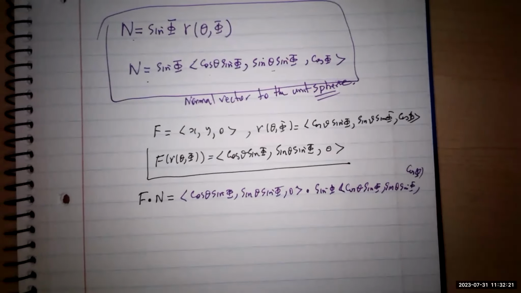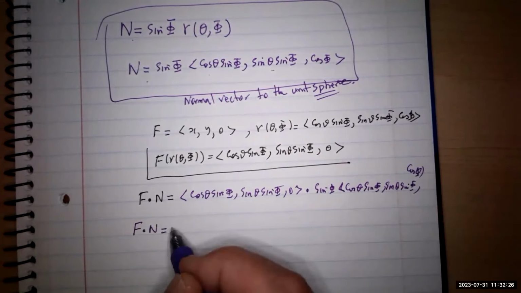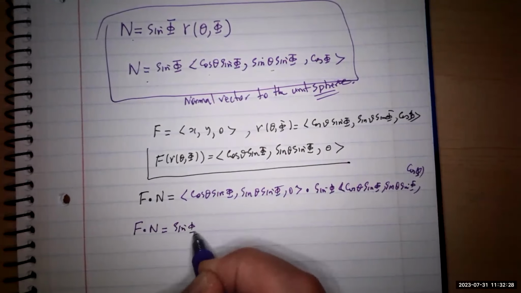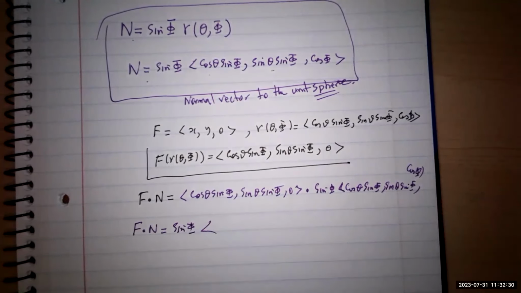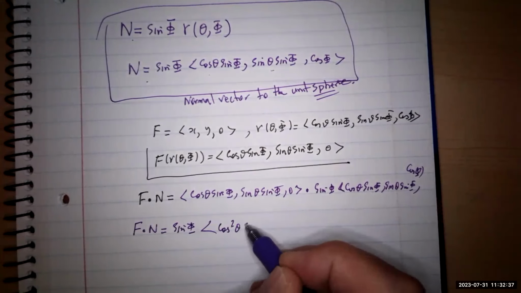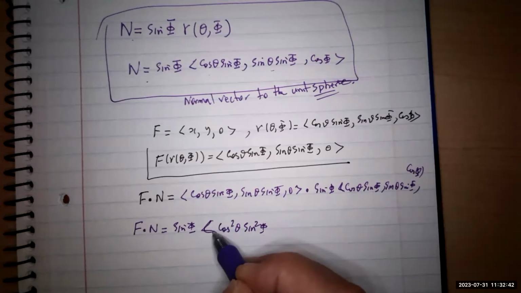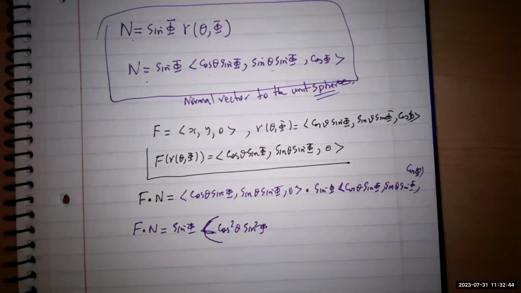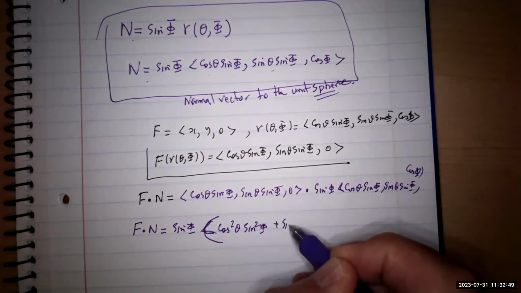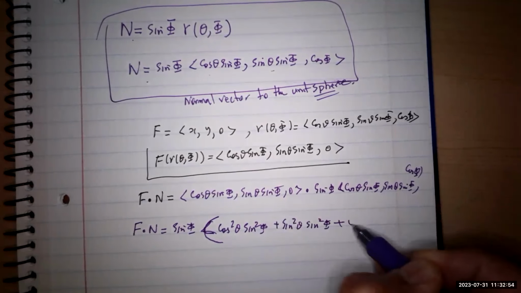If you multiply them together, you have a factor outside. This is going to be the outside. And you multiply these, that gives you cosine square theta sine square phi, and that would be plus sine square theta sine square phi, and plus 0.